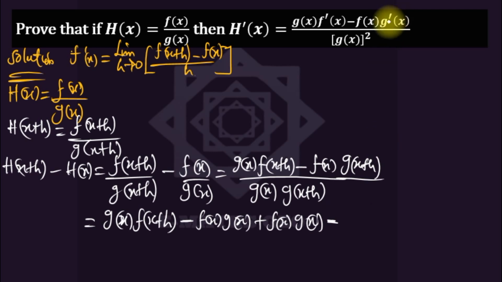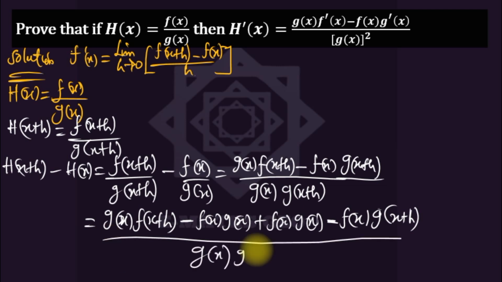That's the only way we can get f prime and g prime. So we'll repeat this, which is f of x times g of x plus h, all over g of x times g of x plus h.